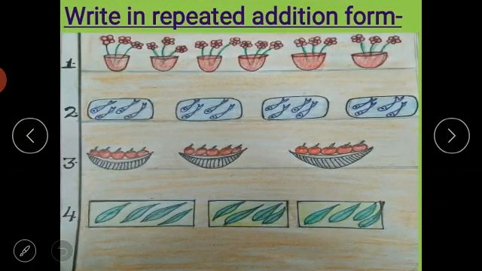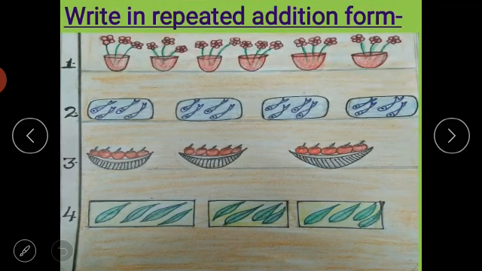Now next, write in repeated addition form. Here you have to write only in repeated addition form. No need to change it to multiplication form. Okay? So start doing. There are so many flowers, no? And all flowers are in vases. 1, 2, 3, 4, 5, 6. 6 vases are there.